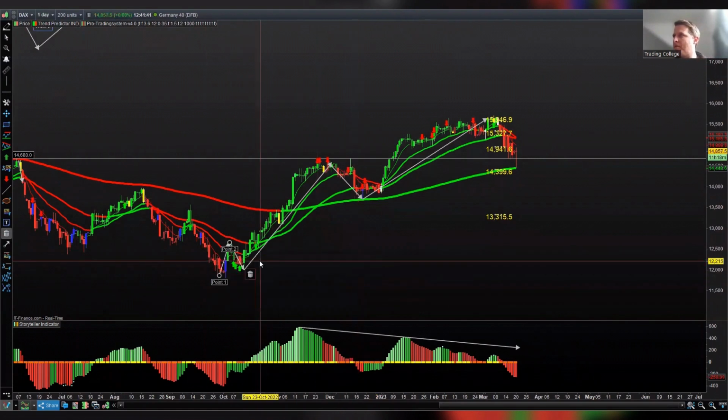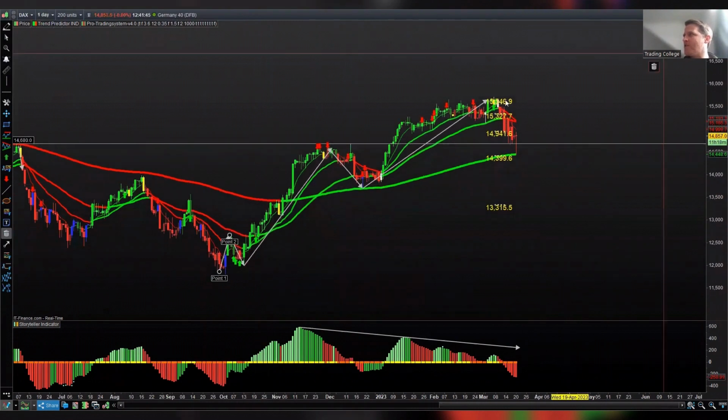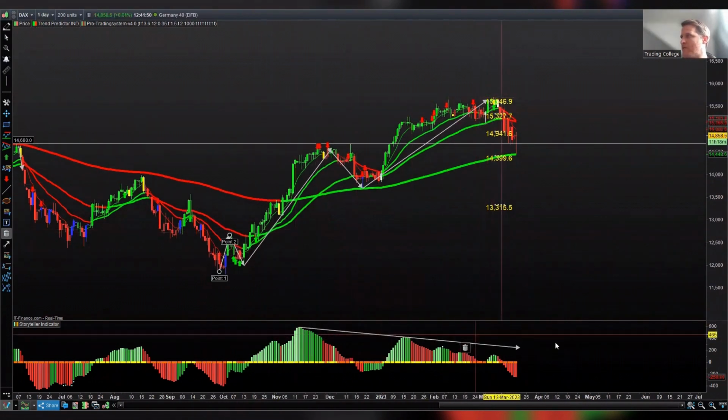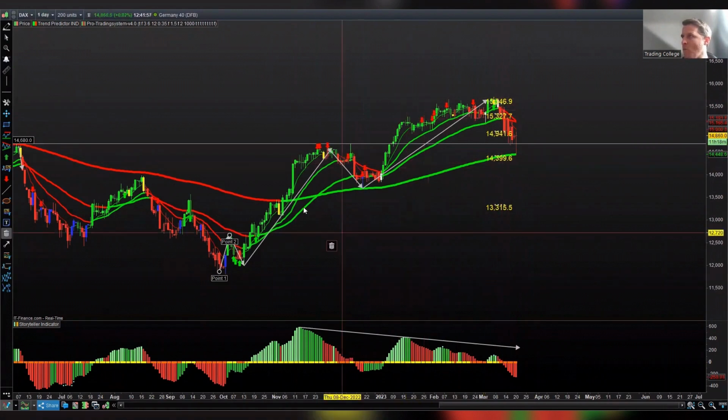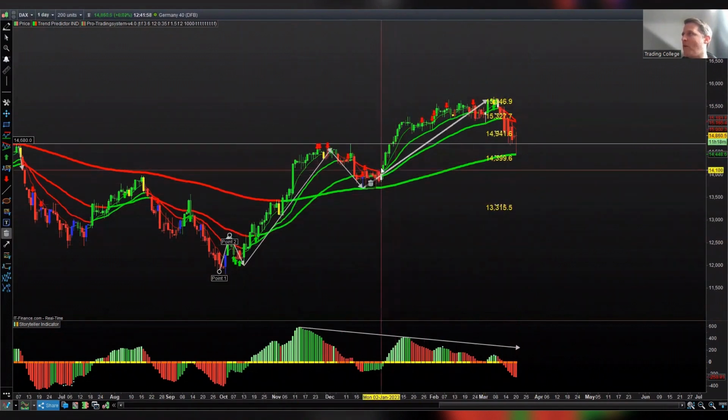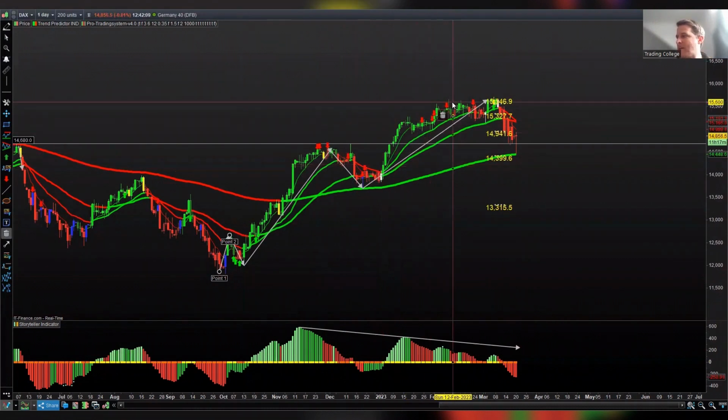That's really what we do with cycles, we're trying to time the market, whether it's a sell at the top here, using a loss of momentum on our Storyteller and a red PTS on our PTS system, or whether we take a new buy because we're going from red to green, green on our Storyteller, green in the candle, we get that new buy, up to that 5th wave completion.